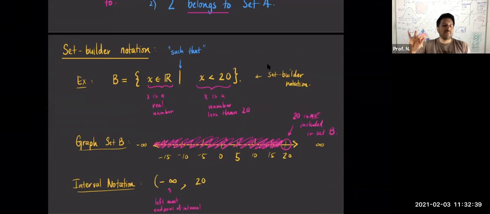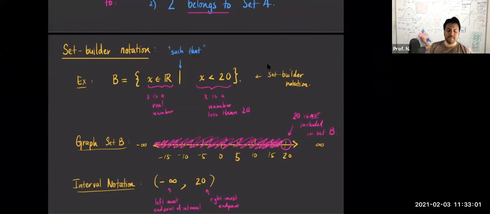Because I don't shade anything beyond 20, 20 is like that marking point, and we call that our rightmost endpoint, right? And because we don't include 20 in our shaded portion, we have to use a parentheses.